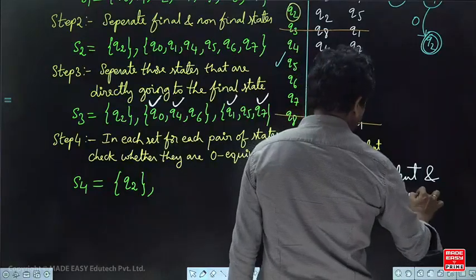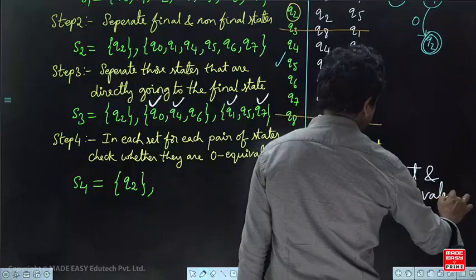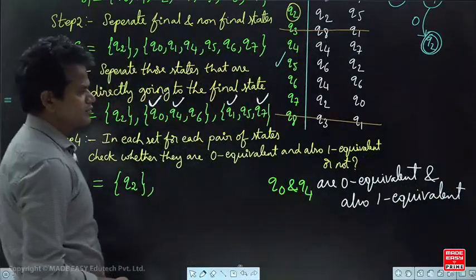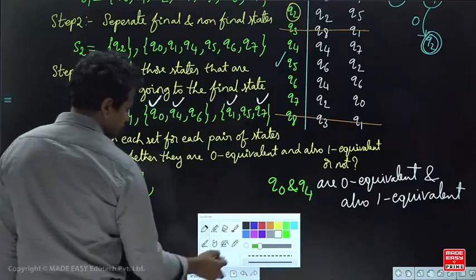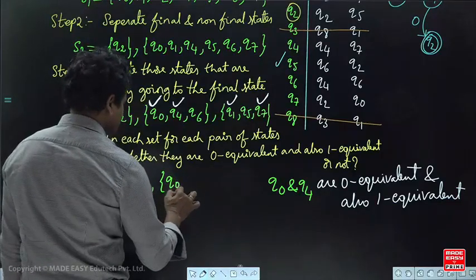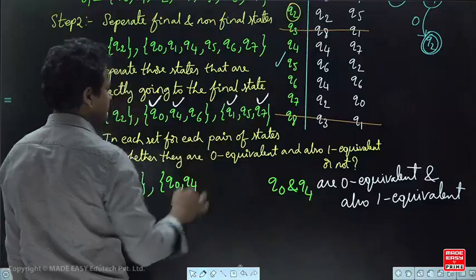So when they are zero equivalent and one equivalent, you cannot separate Q0 and Q4. So Q0 and Q4 we write in the same set. Just copy, guys.